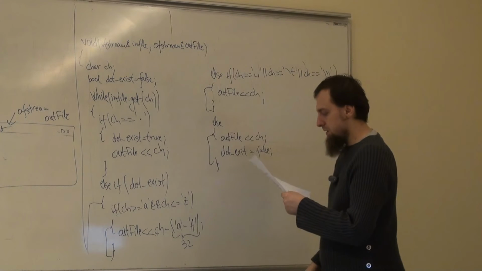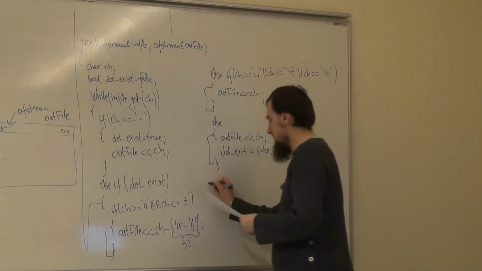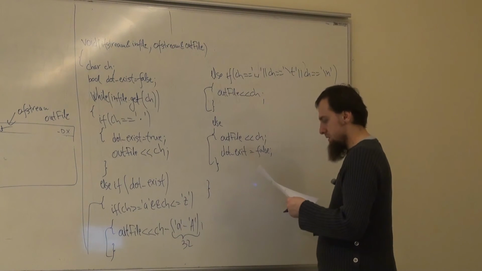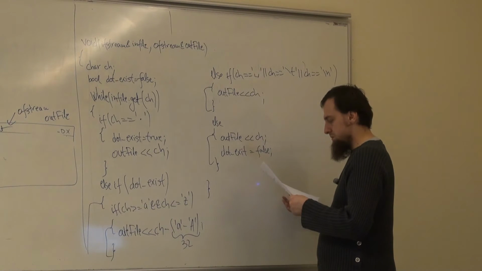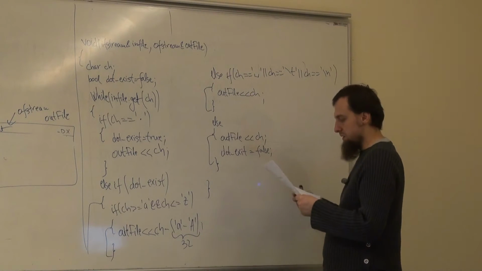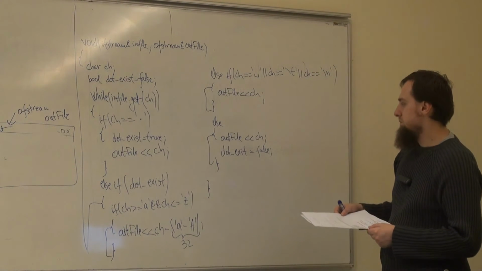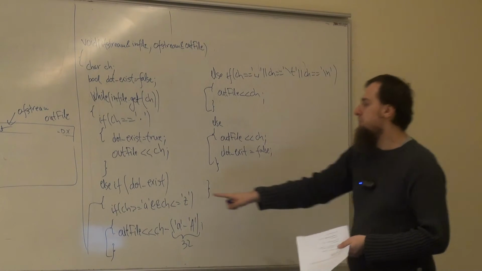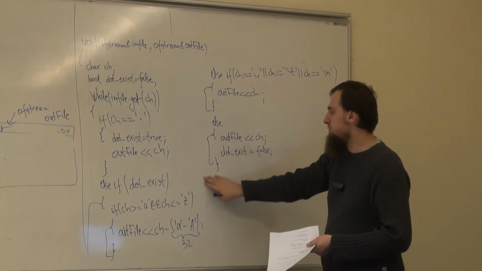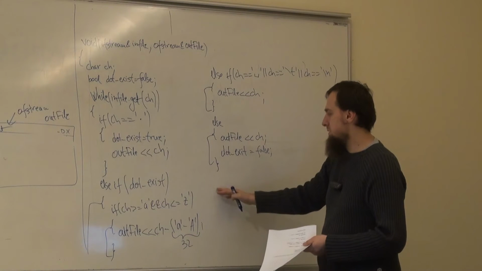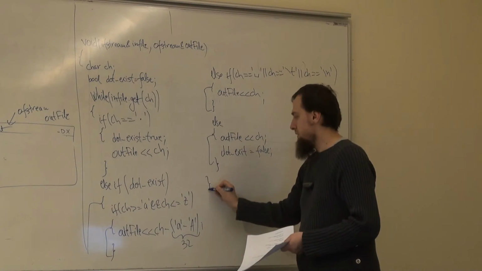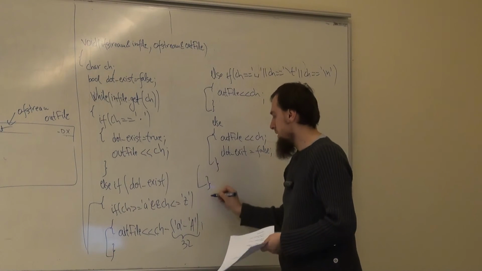For this guy here, we close the brackets here. And this is it basically. Yeah, if dot exists, we are doing this. But if dot doesn't exist, okay, so we are finished with this stuff here.